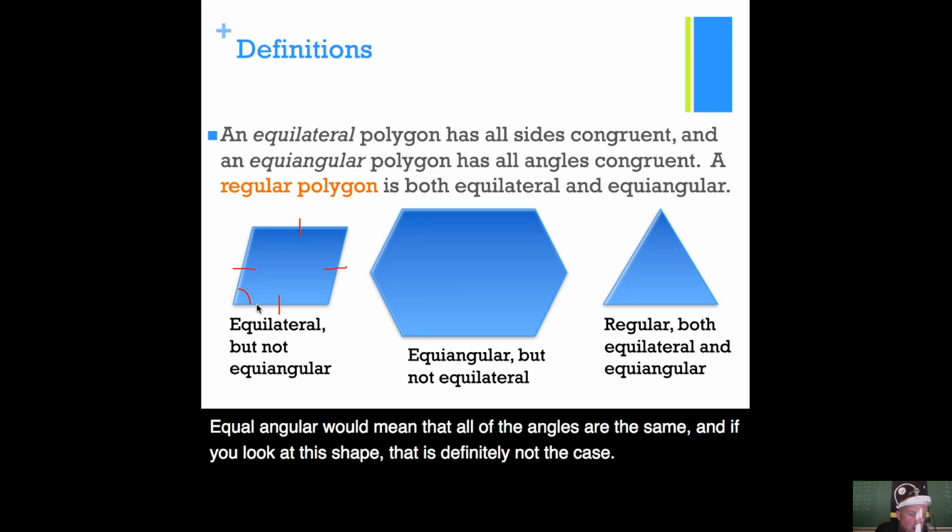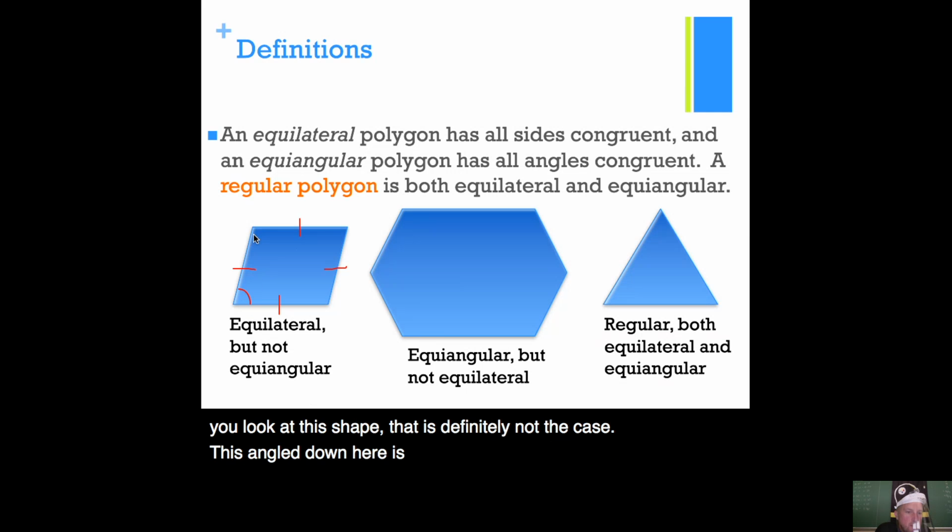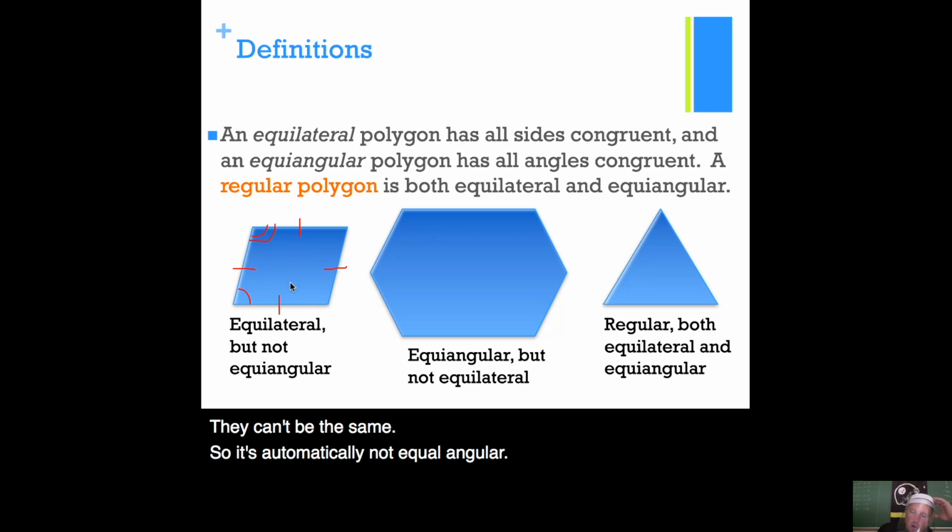This angle down here is acute. This angle up here is obtuse. They can't be the same. So it's automatically not equiangular. This could be a rhombus. Rhombuses have 4 congruent sides, and the angles are not all the same.